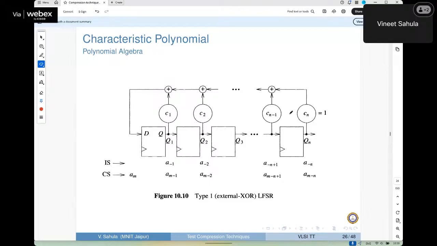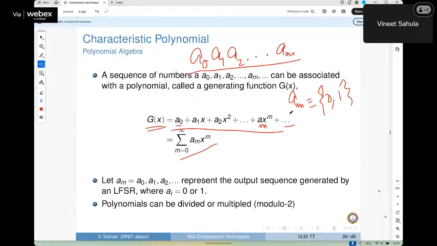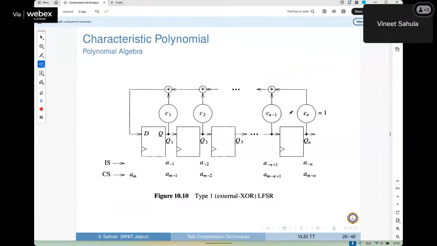For the LFSR, what we did earlier was we had a bit pattern and we had a polynomial. Fine. This LFSR can be represented by a typical polynomial, which is the characteristic polynomial. Right? So in that case, we have to do some kind of tagging.